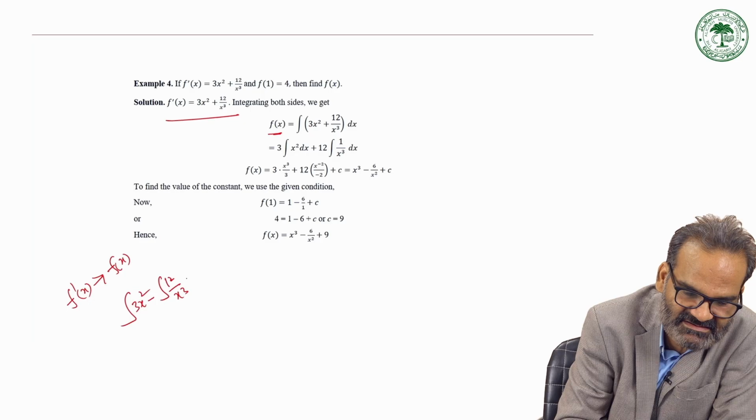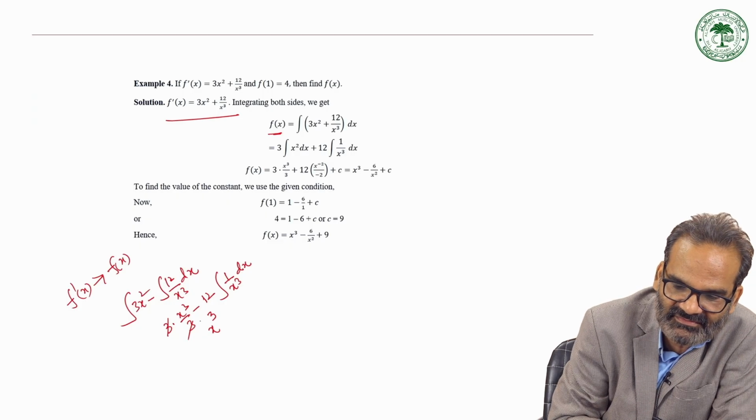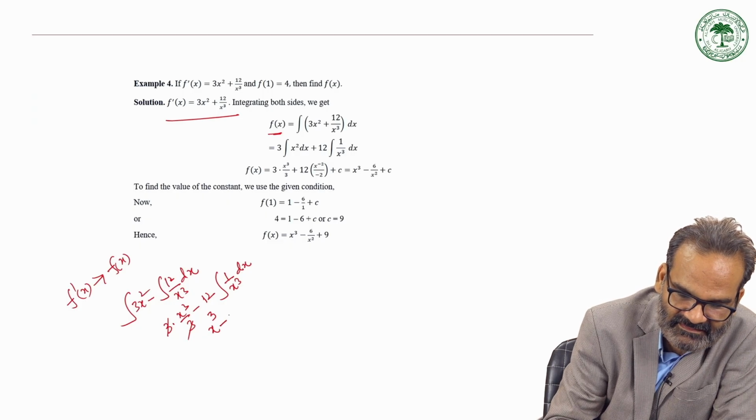What will be its integral? Its integral will be 3 into x cube by 3 minus 12 can be taken outside. We write here as x minus 3 dx. This 3 and 3 will be cancelled out. So x cube is left here minus 12. This we can take here x minus 3 dx.